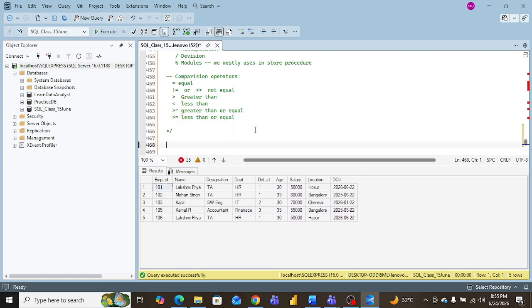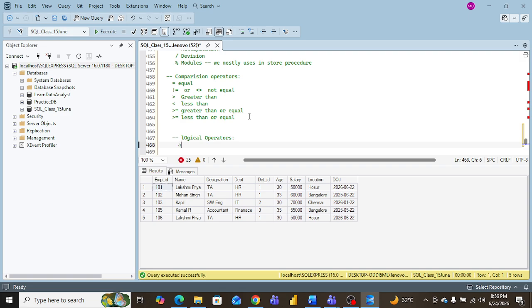Now I teach you one more thing: logical operators. What do you understand about logical operators? Fine. Then later I will teach you another thing tomorrow. So logical, correct.